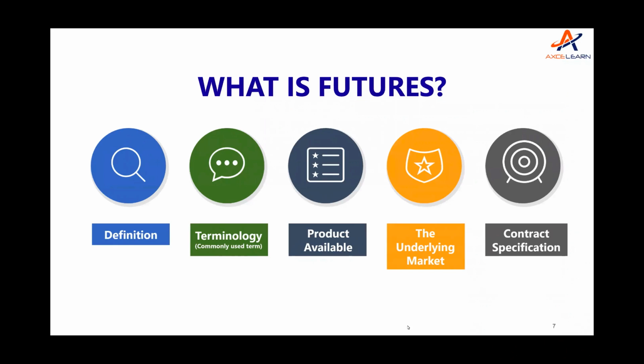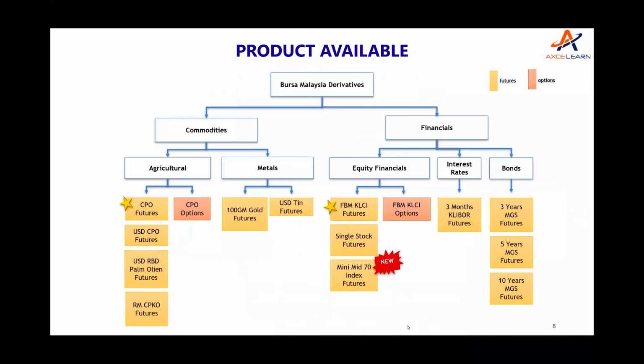Now, today our focus will be on contract specification, how to dissect the contract specification and how it applies to trading futures. These are all the products available. Again, those highlighted or those with a star are retail traded products. That means the majority of retail traders will be trading these 2 products.